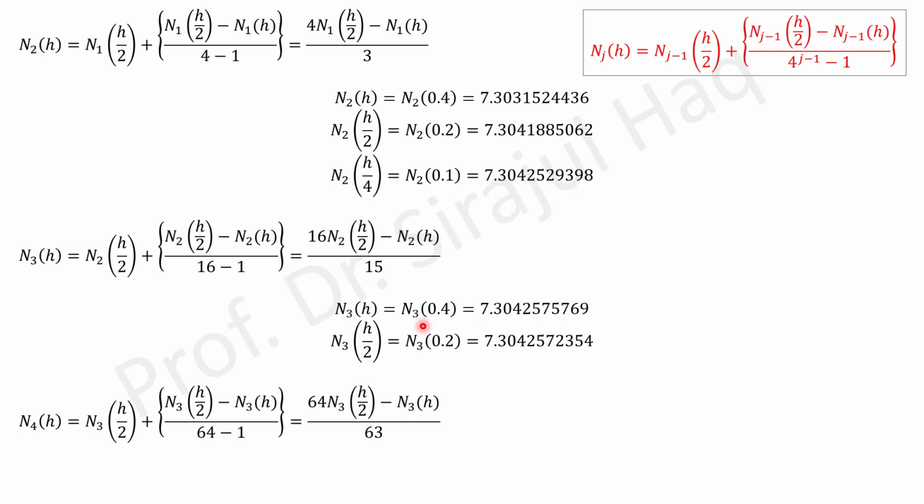Substitute the values and you are getting the value of N4 of h, which was required, and this is the approximated value of the derivative of the function at x naught, in other words, f prime of 1.2 using Richardson extrapolation.